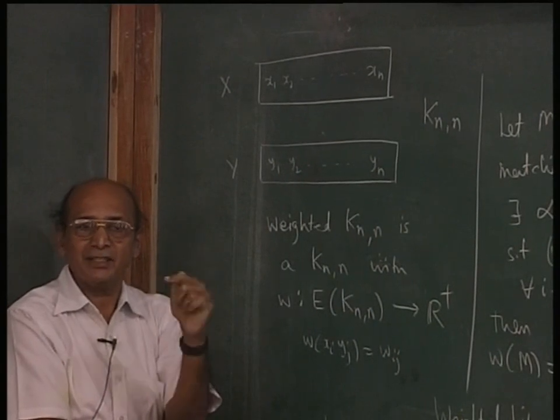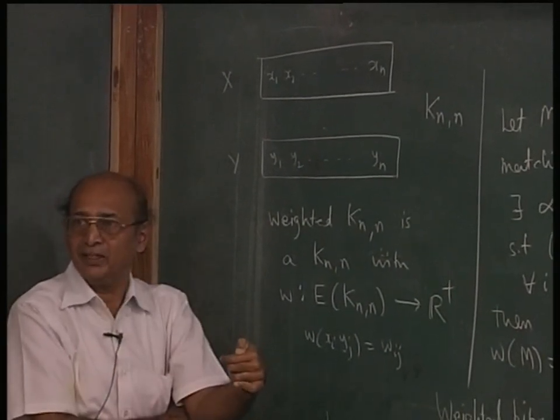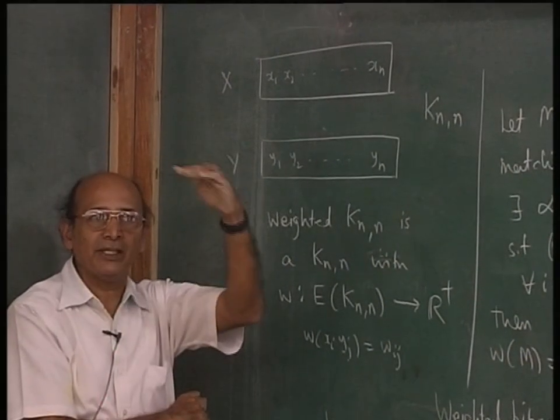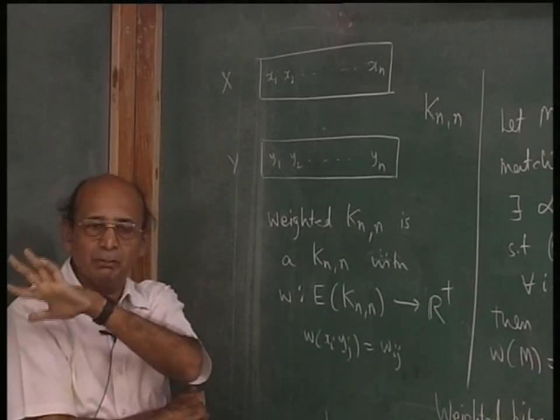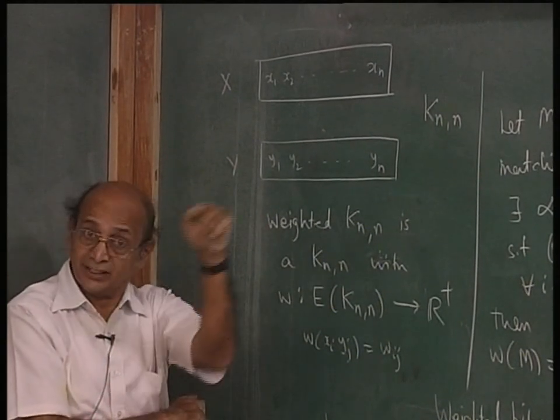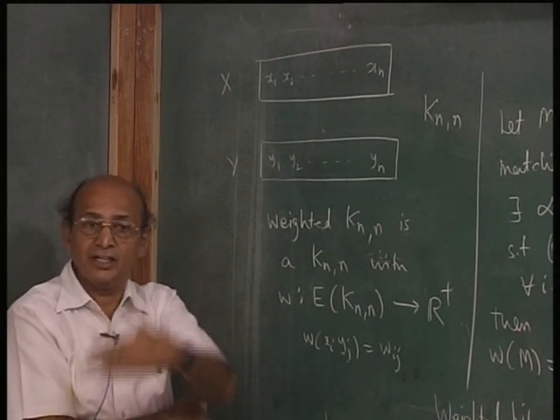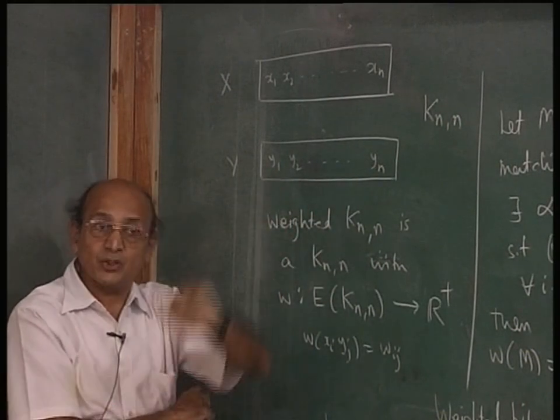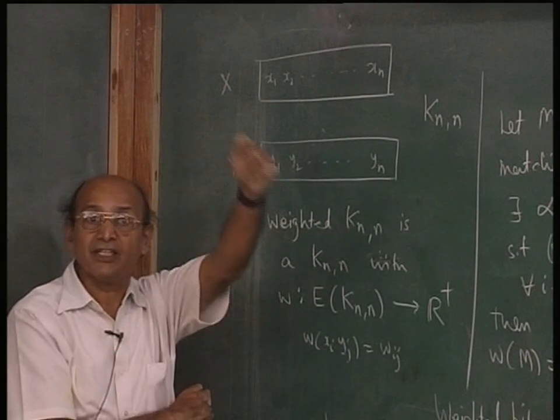Each boy has a preference list with him. So he ranks girl number 1 at the top, then girl number 2, girl number 3 in that manner. This is true for every boy. Each boy has a different list in his hand. The same thing to make it a symmetric problem: each girl also has a ranking on the set of n boys.